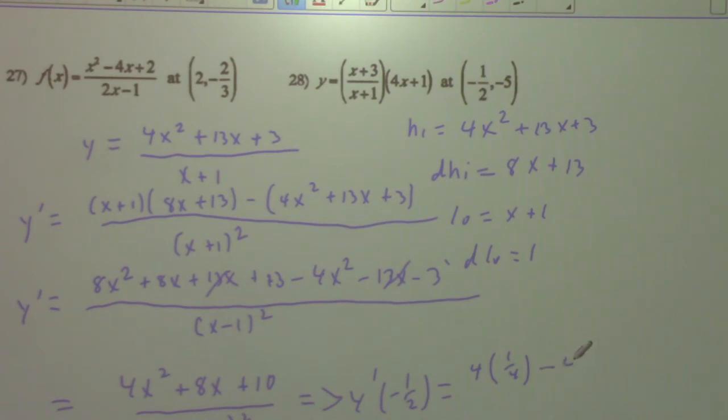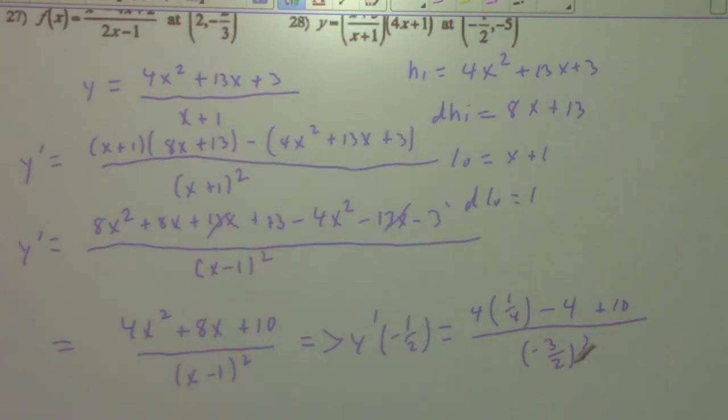So that's going to be like negative 4 plus 10 all over negative 1/2 minus 1. So you get negative 3/2 squared. So what is that going to be? 1 minus 4 plus 10. Isn't that right? 1 minus 4, that's negative 3, plus 10, that's 7, isn't it? So you get 7 over 9/4, and then that's going to be the same as 7.